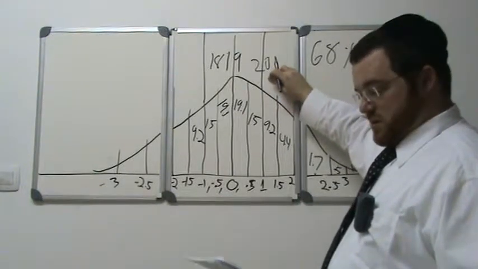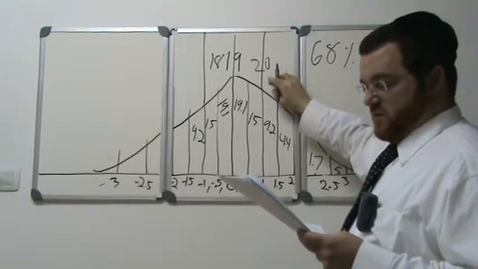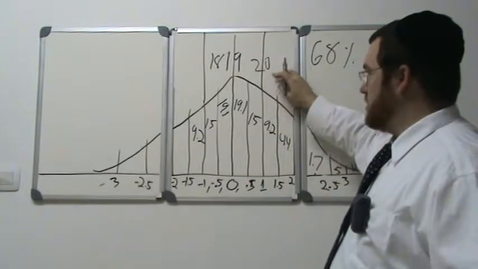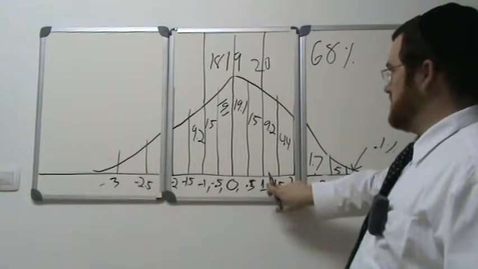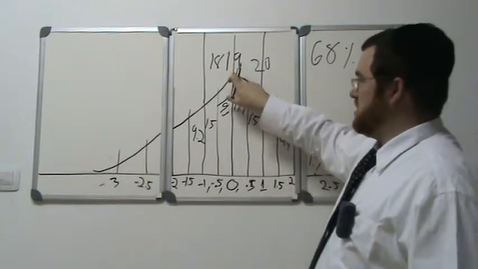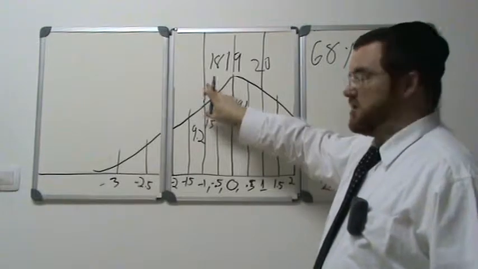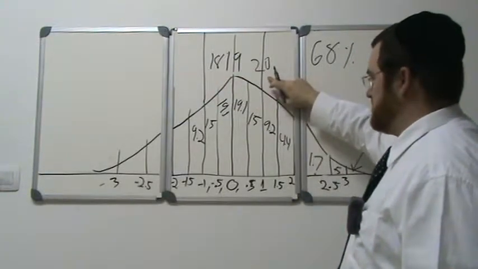Now we want to find the percentage of first-year college students who are 20 years or older. So after this, 1 starts at 20 years old, because this is 19. One standard deviation in the negative becomes 18, and one standard deviation in the positive becomes 20.